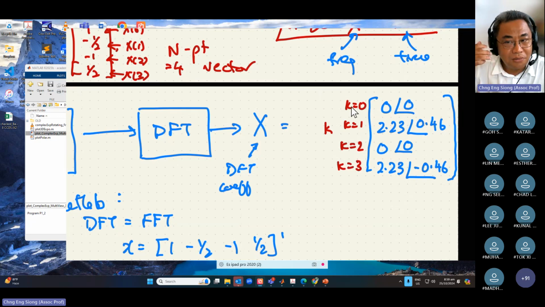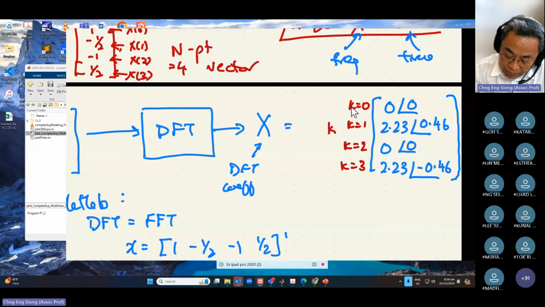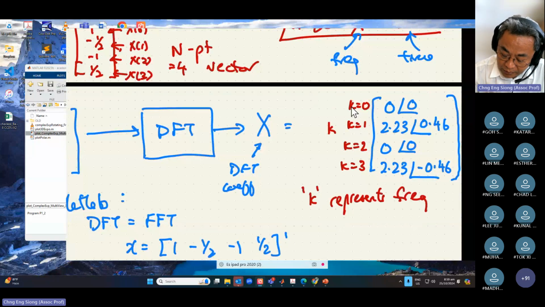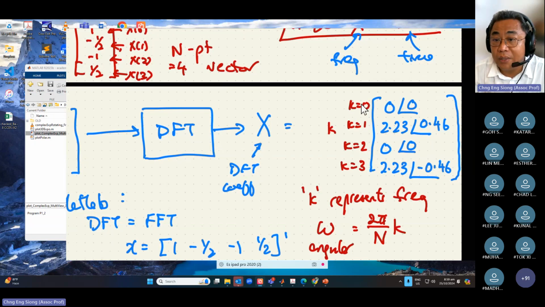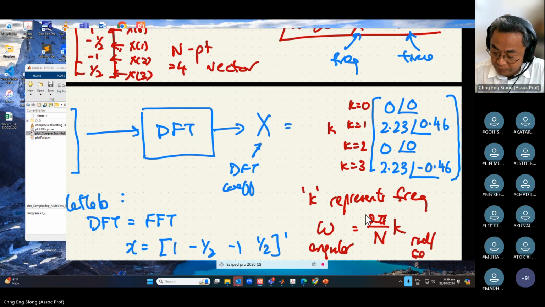Then you say, what does k represent? K represents the frequency in this way. Omega, the angular frequency, is equal to 2 pi divided by the big N times k. So when k equals 0, omega is 0 radian per sample.